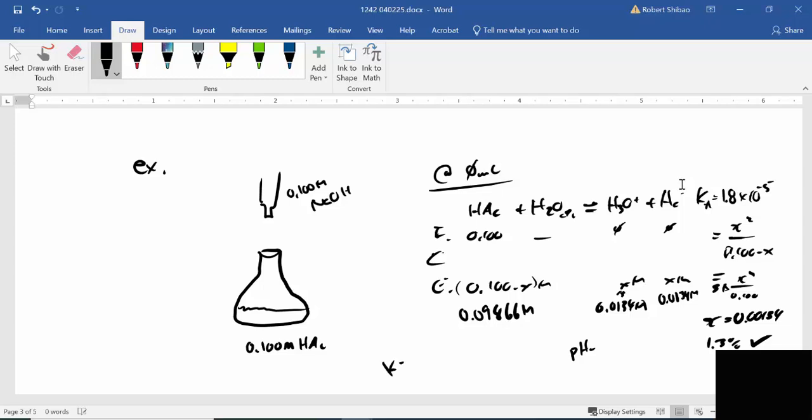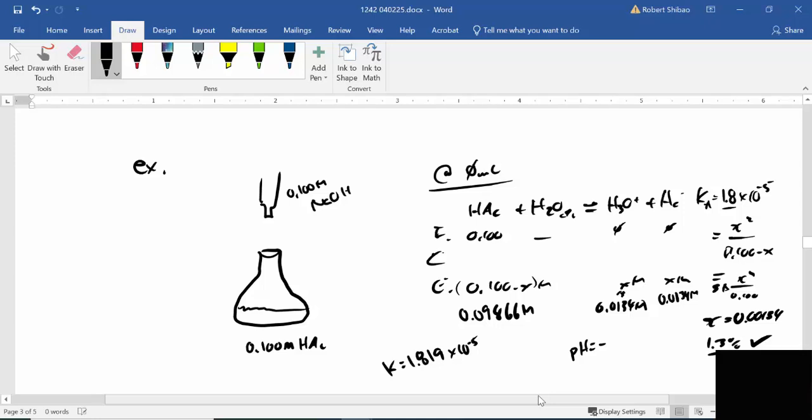So my K comes out to 1.819 times 10 to the minus 5. It should be 1.8. It's off a bit, but then, I'm using the simplifying assumption. So this is probably good enough. 1.8 times 10 to the minus 5, rounded.